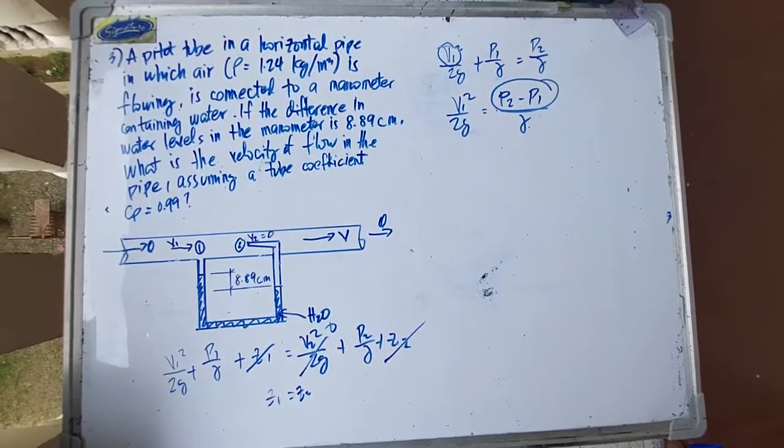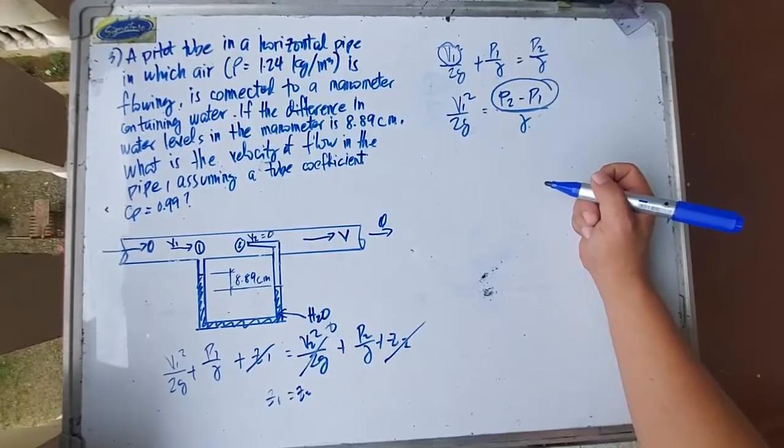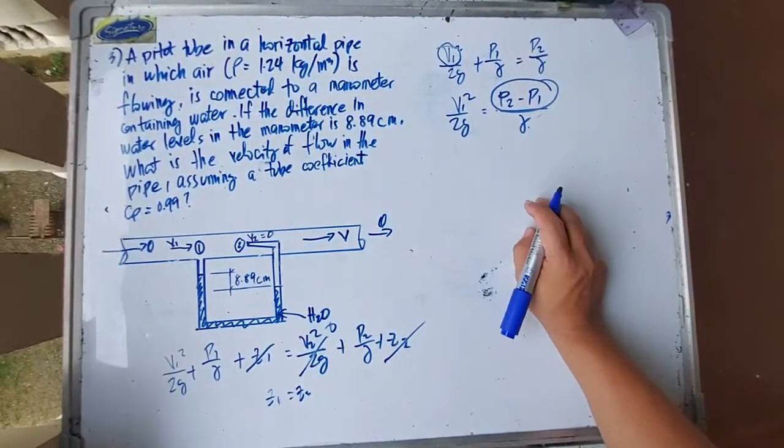Recall from fluid mechanics and hydraulics the principle of manometry, adding pressures or pressure heads when we solve for the pressure or difference in pressure between points. So let's add pressure heads from 1 to 2 or 2 to 1.